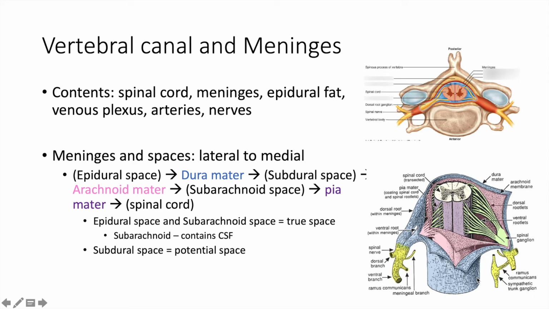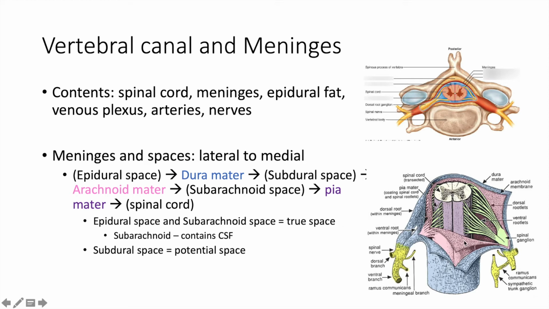So it's important to know what's a true space and what is a potential space. So what in the world does that mean? True space means that there can actually be fluid in there. They're supposed to be fluid. So for example, our subarachnoid space contains cerebral spinal fluid, CSF.